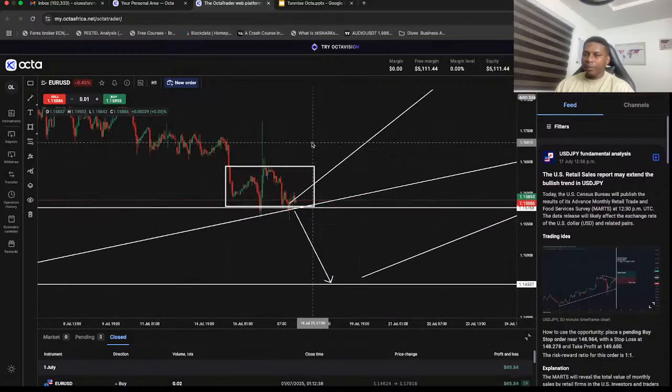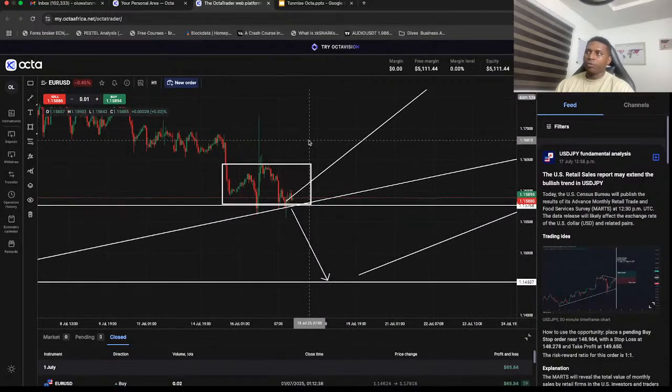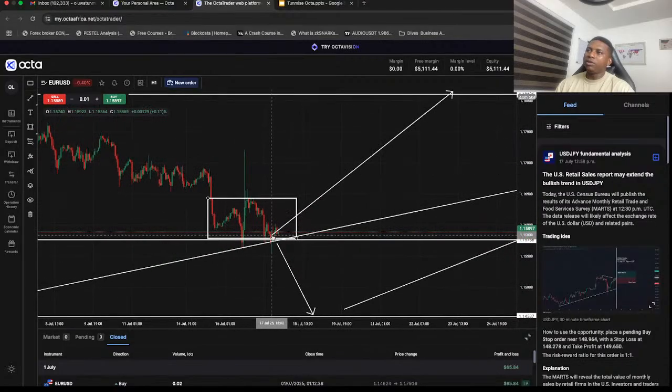And that's it. So if I set my buy order above this rectangular shape, if the market breaks out above it, then my buy order is triggered and I'm in the market. If I set my sell order and the market breaks below this rectangular box, then I'm also in the market. So we are going to do that right now.